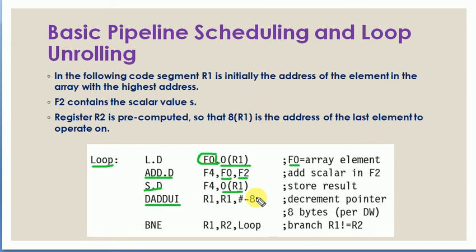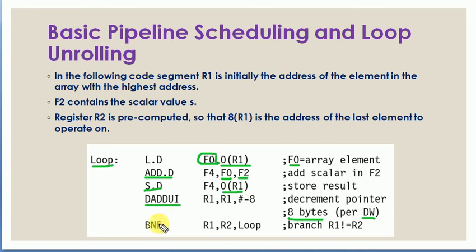So each time the pointer is decremented. Here it is 8 bytes, usually referred to as a double word. This is the decrement operation, in terms of a MIPS assembly language statement.